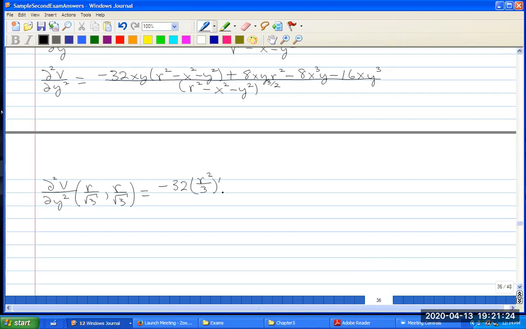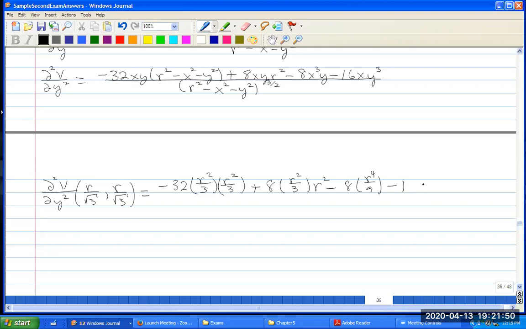And this r squared minus x squared minus y squared is r squared over 3 as before, plus 8 r squared over 3 times r squared, minus 8. This is something to the fourth, so that'll be an r to the fourth over 9.